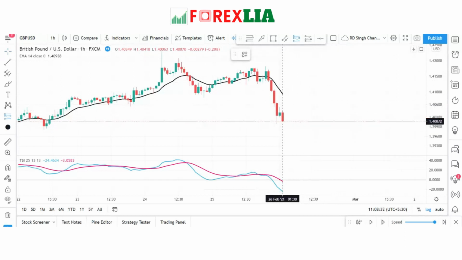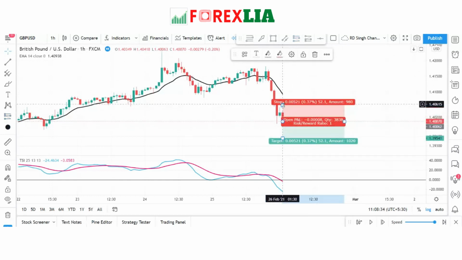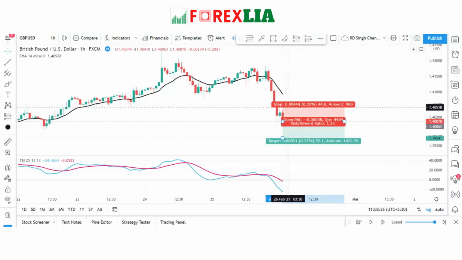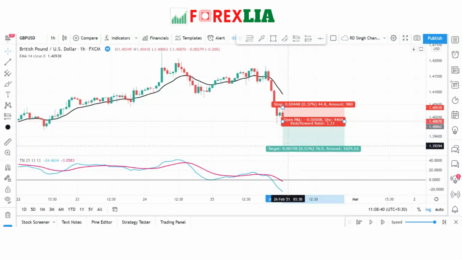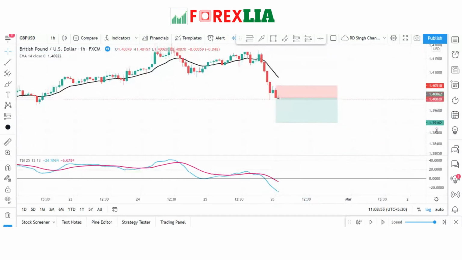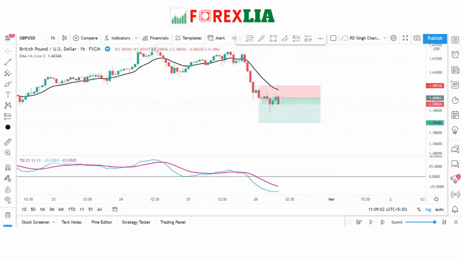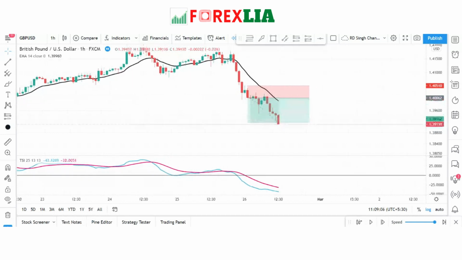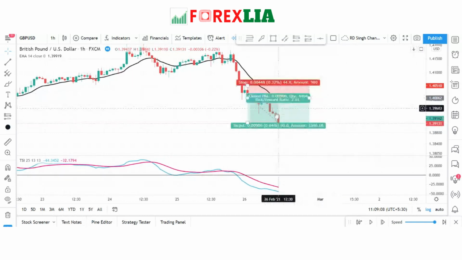We place a sell trade here. Set the stop loss at the previous candle high point. Set the profit target at 1:2. We won this trade.